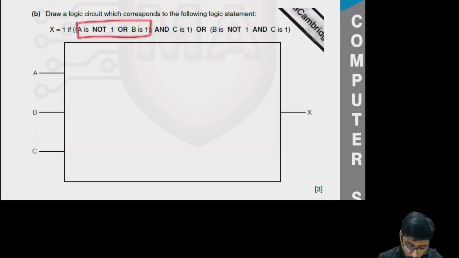First of all, you go with the innermost, that is A is not 1 or B is 1. I told you in the previous video that by default every input is on 1. So if they say A is not 1, that means A is a 0.